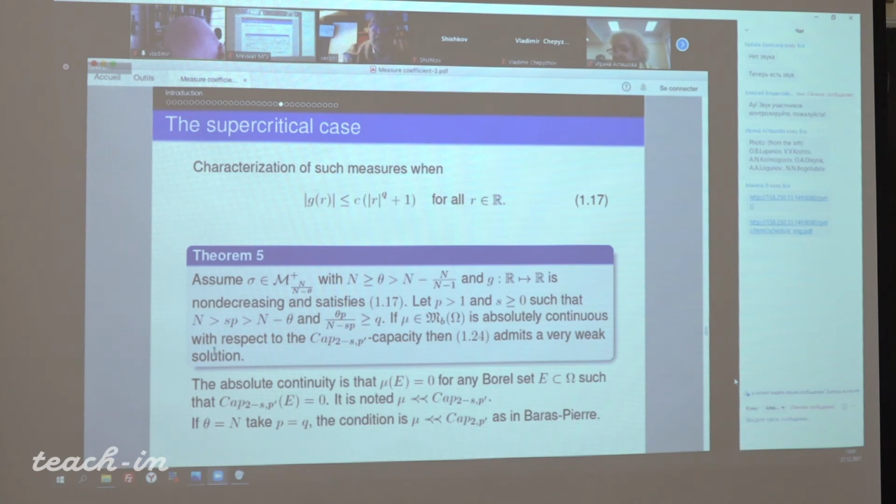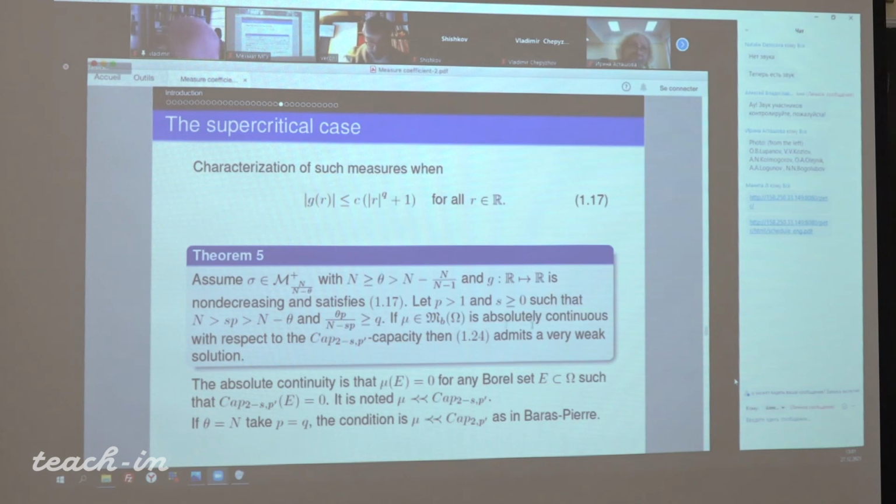Then you have a characterization: if sigma is in the Morrey space, with n bigger than or equal to theta bigger than n minus 1, and G is nondecreasing and satisfies this growth estimate, then you assume that you have a p bigger than 1, s bigger or equal to 1, such that n is bigger than sp bigger than n minus theta, and theta p over n minus p is bigger than q.